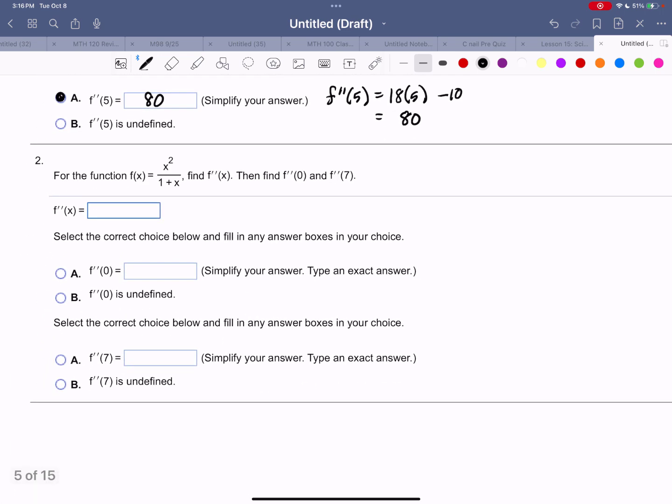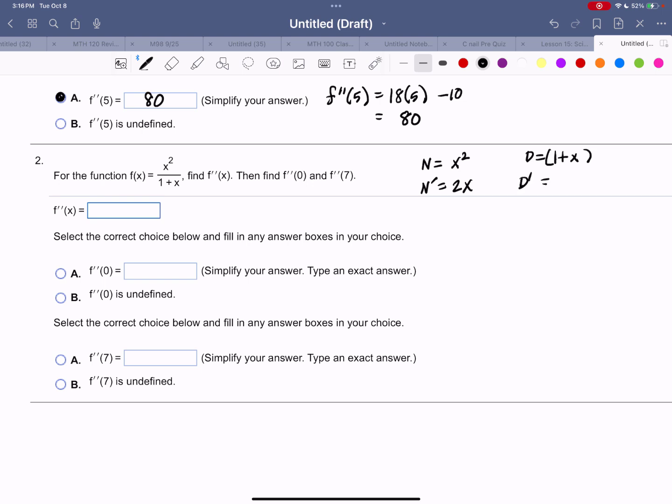Now, the previous rules, like quotient rules and chain rules and power rules, product rules, still apply. So in number 2, where f of x is x squared over 1 plus x, I need to identify my numerator and my numerator derivative, so x squared and 2x. My denominator is 1 plus x. It's a binomial. I'm going to put it in parentheses.